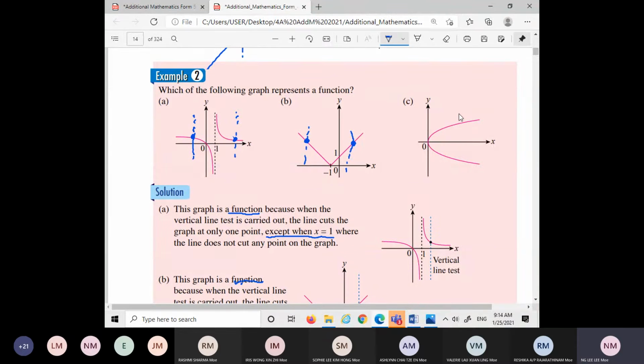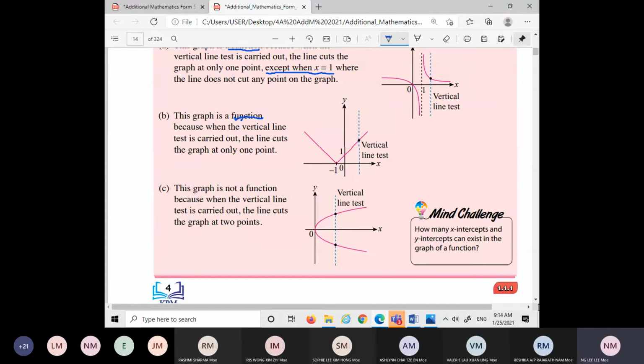But for C, when you draw a vertical line, my vertical line becomes slanting already. Again, when you draw the vertical line, it will cut 2 points. Therefore, C is not a function.